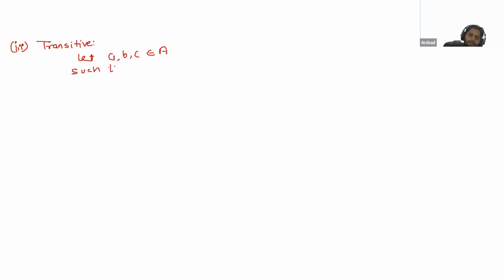Such that we also assume A comma B belongs to R and B comma C belongs to R. This implies modulus of A minus B is even and modulus of B minus C is even.